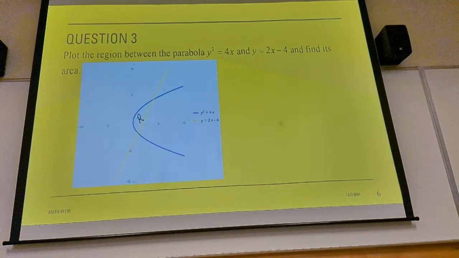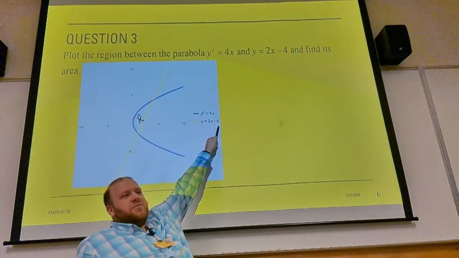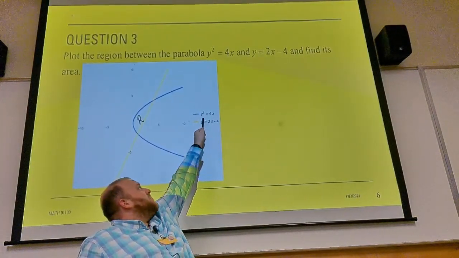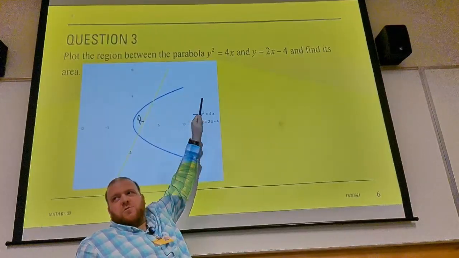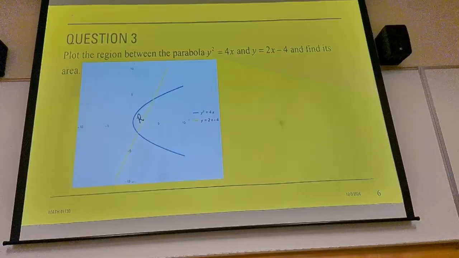Probably the easiest way would be to go y equals this, right? 2x minus 4 quantity squared equals 4x. And then solve.